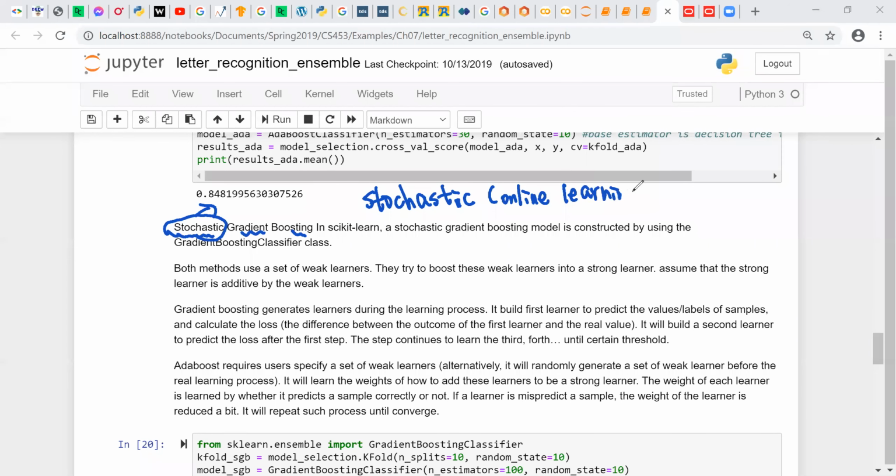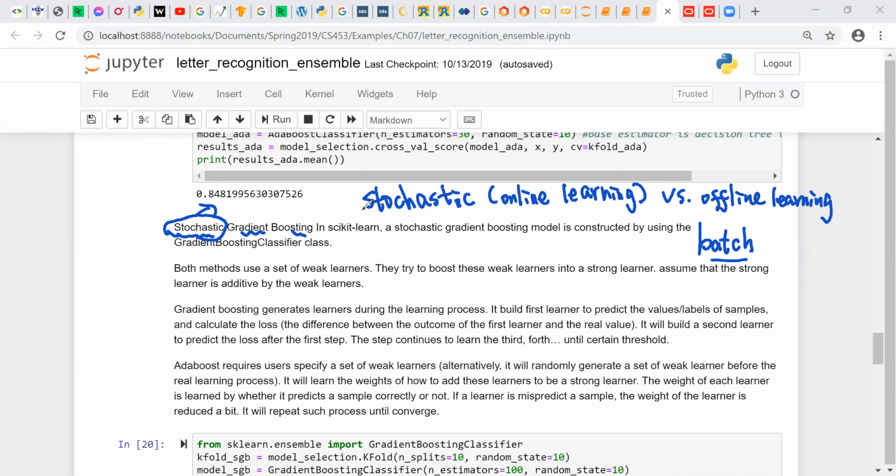Stochastic learning, sometimes we call it online learning. Why do we want to have this? Versus offline learning, and we call it what? Batch. If you recall, stochastic is online learning.